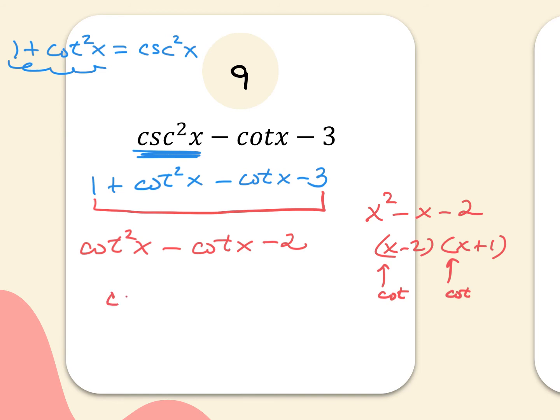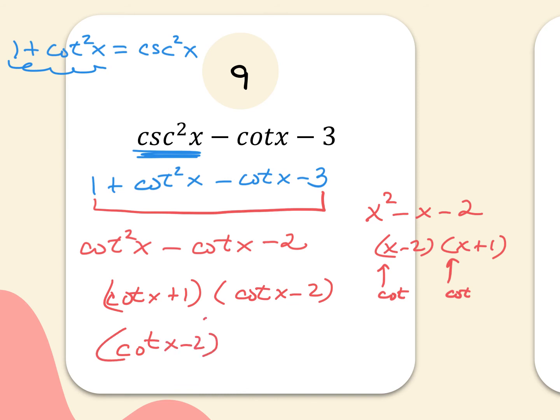So it'll factor into cotangent x plus 1, cotangent x minus 2. And again, you could write it the other way. You want to write the minus 2 first, and then the plus 1 second. You can do that as well.